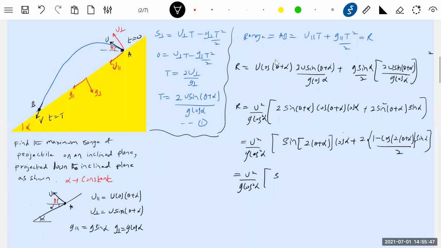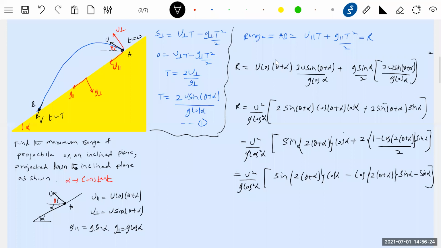At least in this attempt, try to think: it's the same thing, only a little sign change. One sign, one symbol is what we are changing. Those who have not understood, at least put in some effort now. To get cancelled, so here we'll end up with sine alpha, minus of cos of 2 theta plus alpha sine alpha, minus sine alpha.